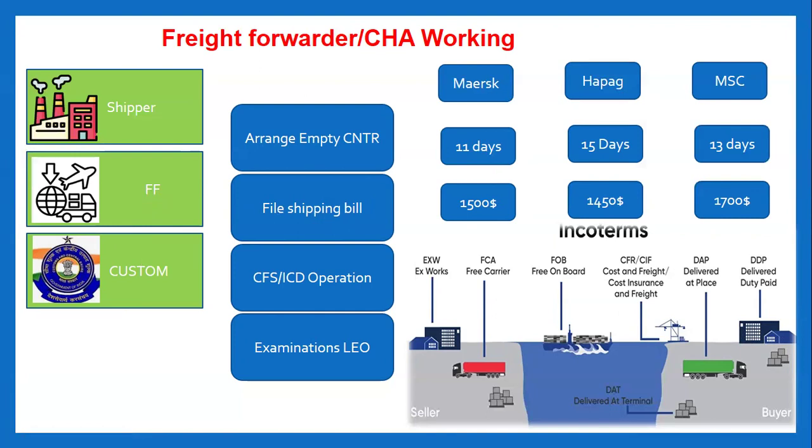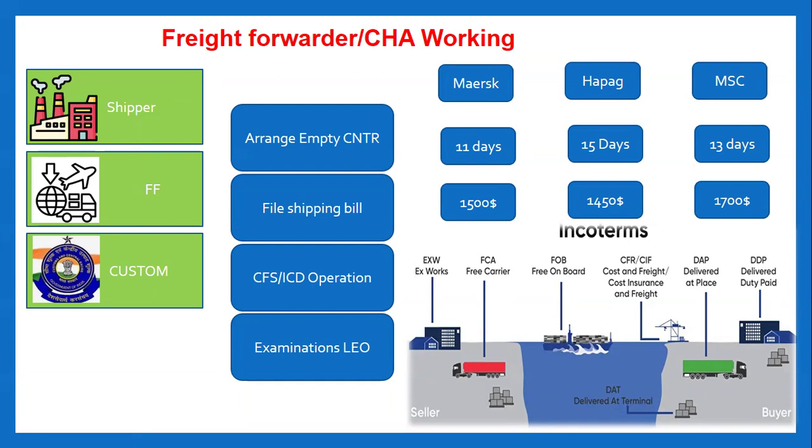On a priority basis, before the shipment reaches the customs yard, the Freight Forwarder CHA needs to file the shipping bill with the customs. Once the approval process is done by the shipper, and all the details submitted to the customs are okay, then the shipper will go ahead with the Freight Forwarder.